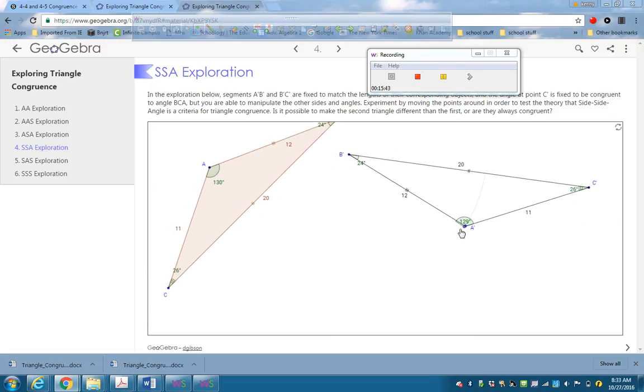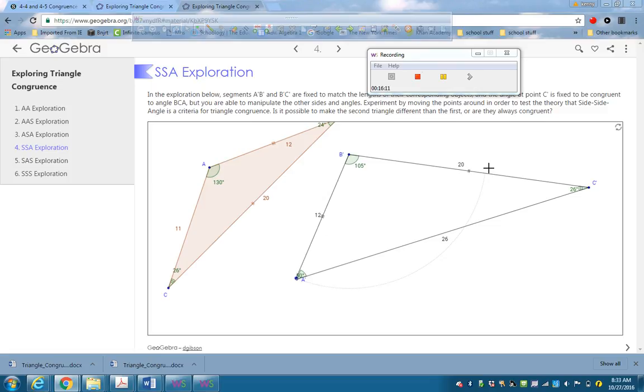But if I drag this out here and move this over here like this, I think your triangle has to be obtuse in order for it to work. So this still has a side that is 12, a side that is 20, and an angle that in both cases is 26, right?